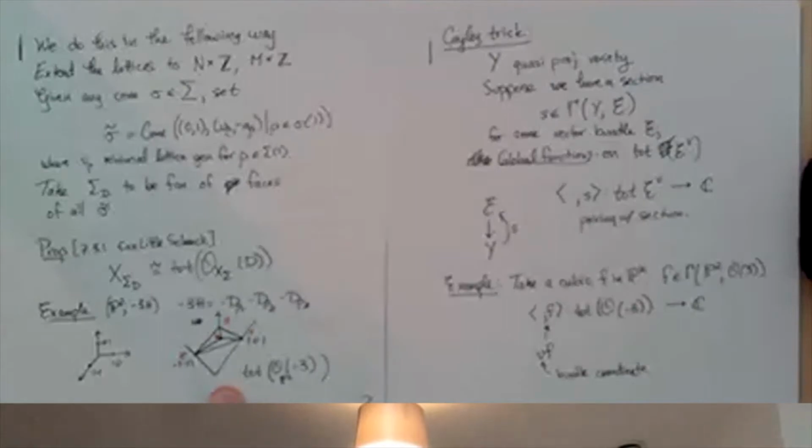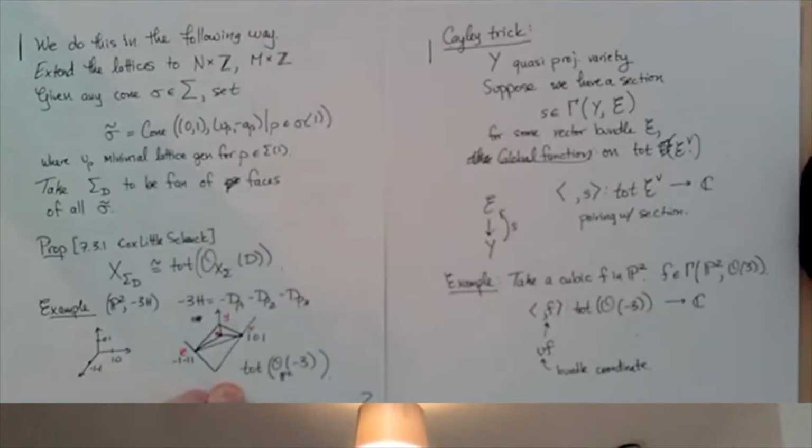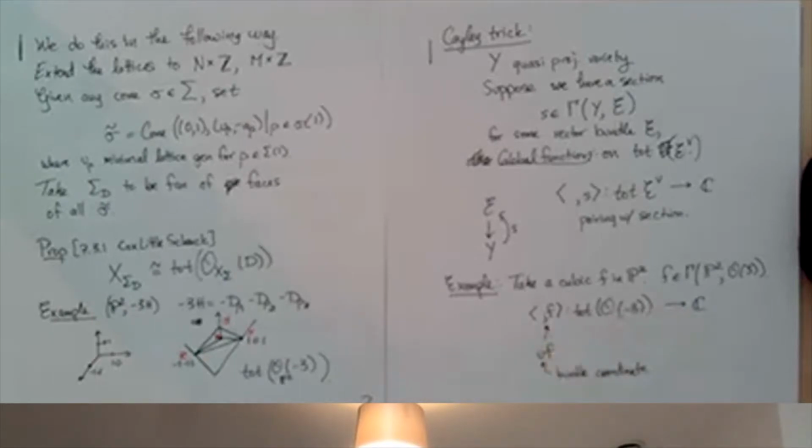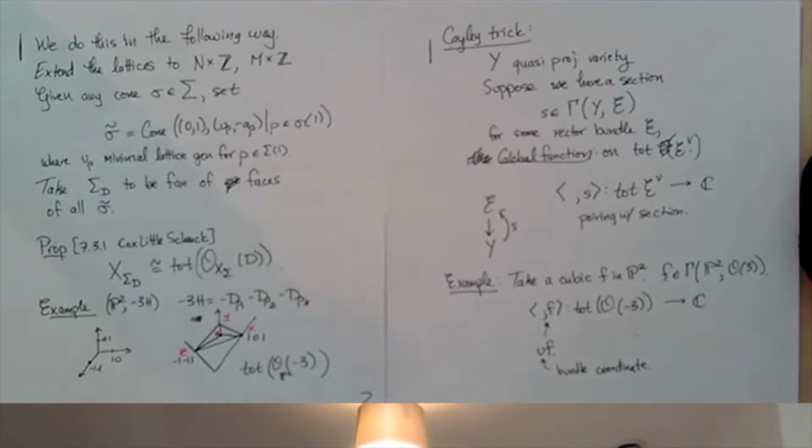The dual cone gives you all the global functions on this toric variety. So in particular, we can see a correspondence between the lattice points here in the dual cone to this one, and the ones that can be thrown into here as a global function. Okay. So that's the Cayley trick.